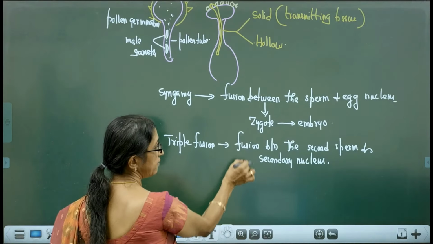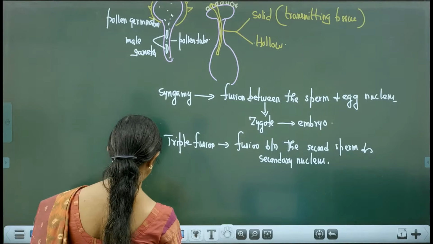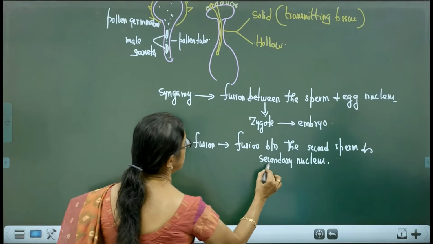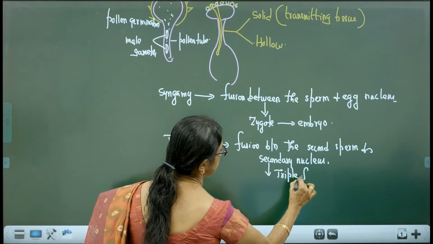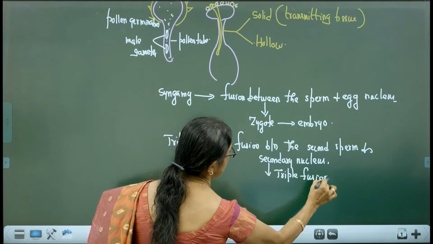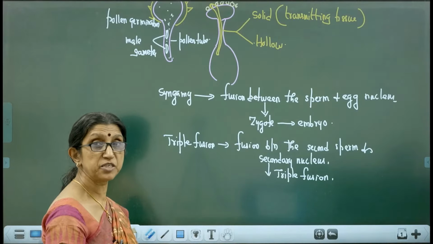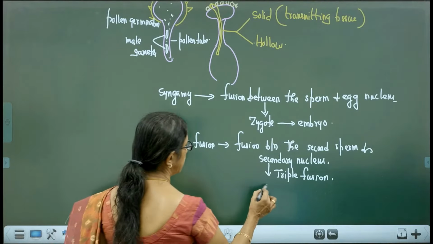This is called triple fusion, and it results in the formation of a triploid cell.